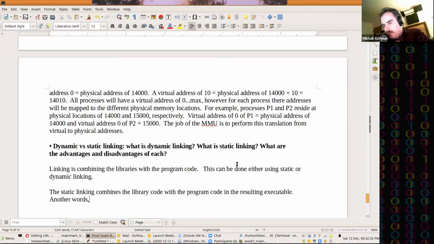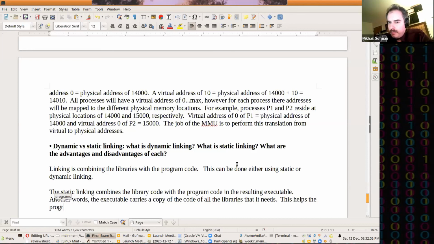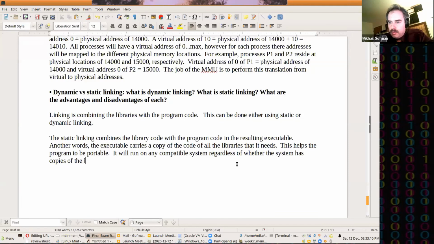In other words, the executable carries a copy of the code of all the libraries that it needs. Okay, so this helps the program to be portable. It will run on any compatible system, regardless of whether the system has copies of the libraries the program needs.